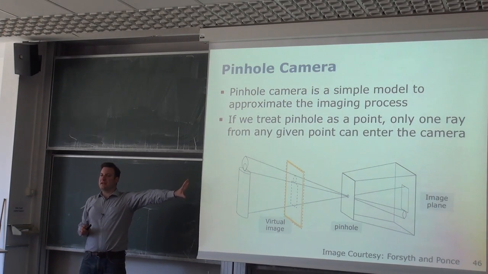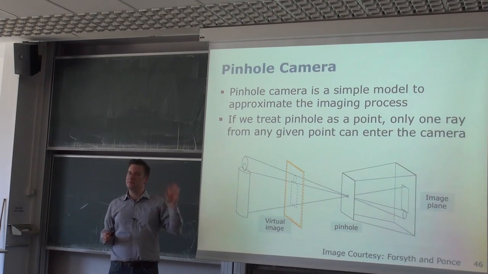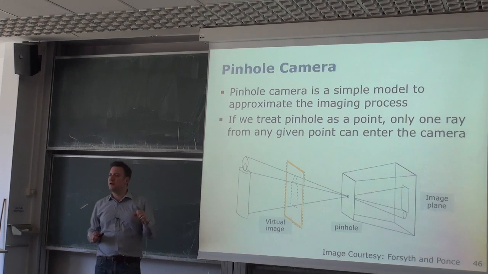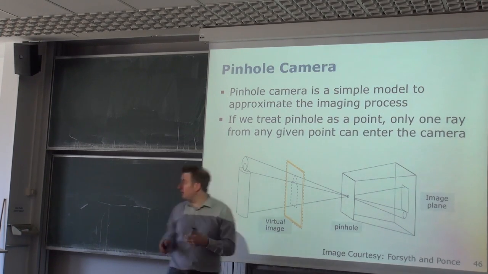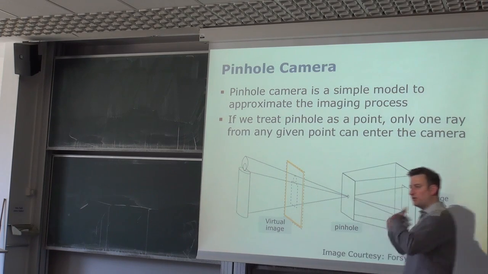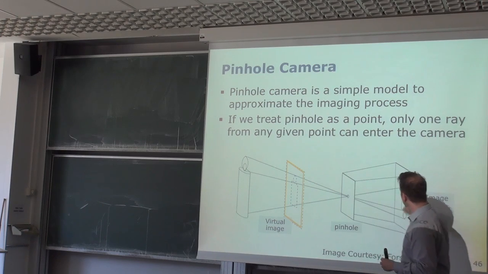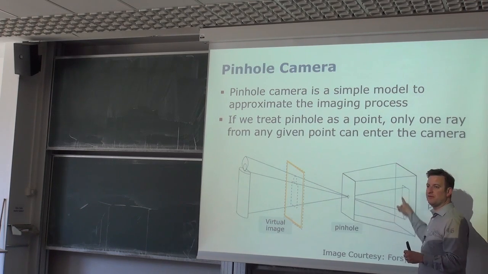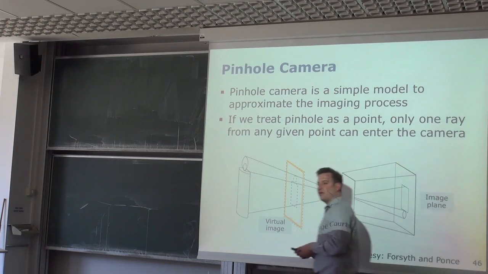The process of generating images like this is a very, very old process. It dates back around 500 years ago. And it was used in order to observe an eclipse of the sun, because you don't want to look into the sun, but you can go into a dark room with a small hole, and then you see the image of the sun over here without destroying your eyes.